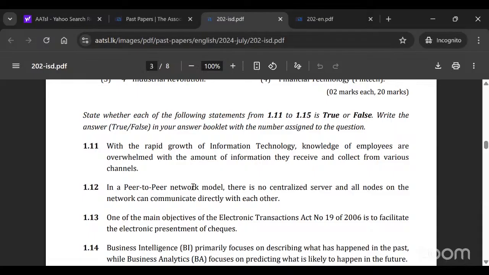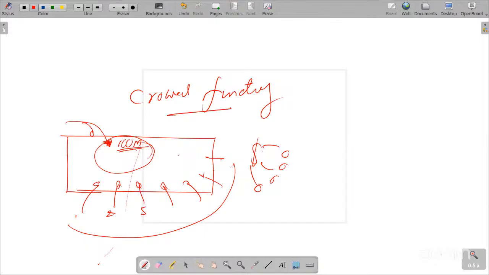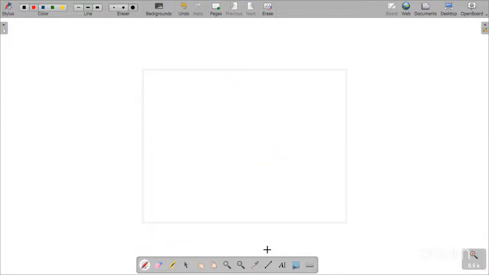Yes, there are different network models: peer-to-peer networks and client-server networks. Peers means it's a peer group.